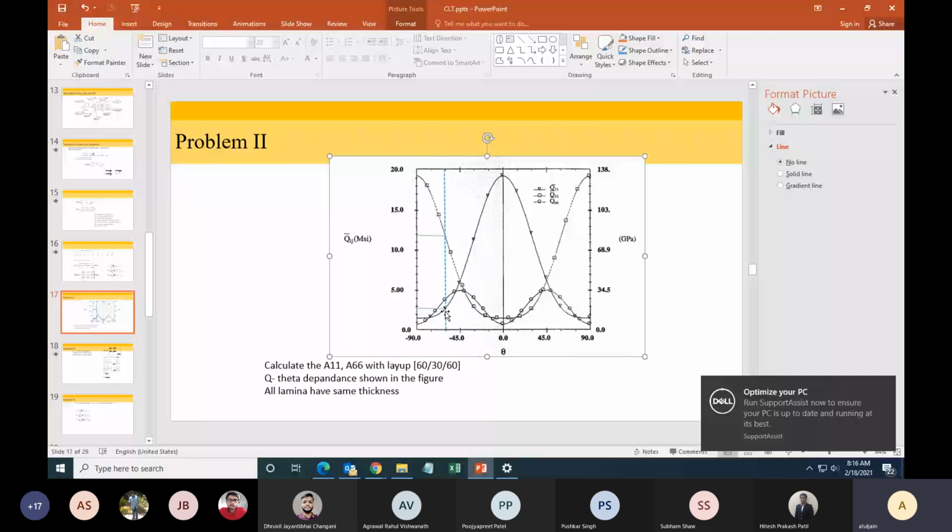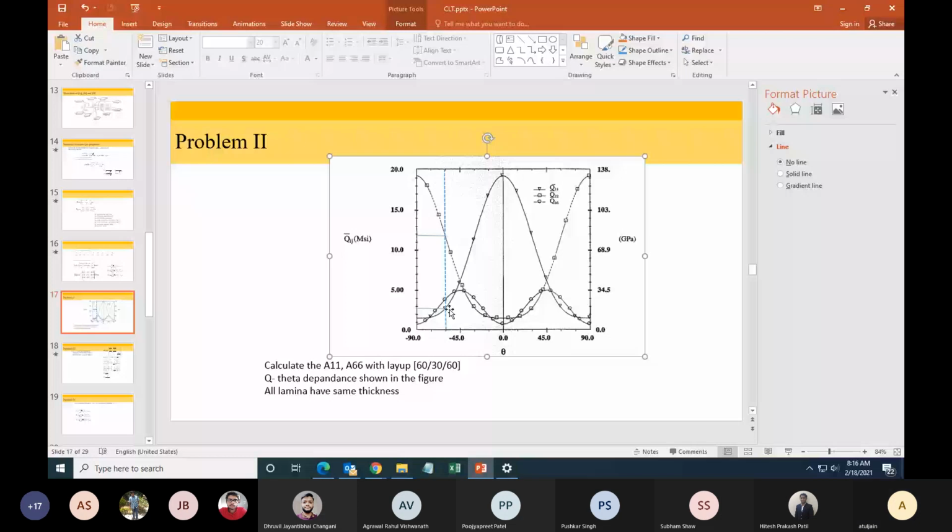So minus 60 is plus 60. So 2.8 into 2 plus 12 divided by 3. This is the value of A11. So my answer would be 5.860 Newton meter is the value of A11.